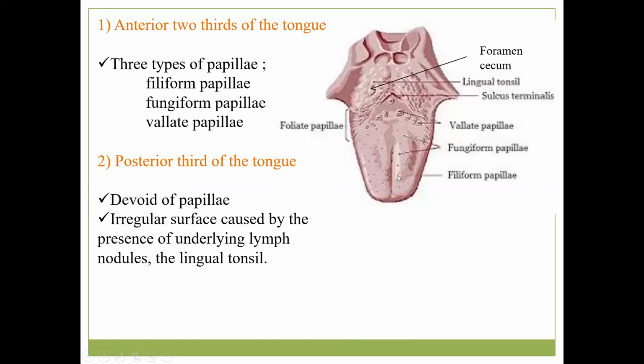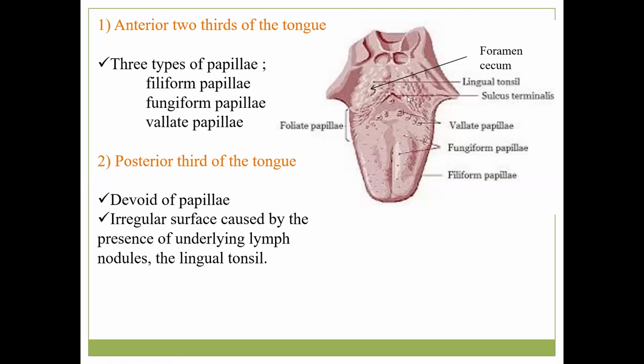These small ones are filiform papillae. These somewhat larger, scattered ones are the fungiform papillae, and the larger ones which are arranged in a row alongside the sulcus terminalis are the vallate papillae.